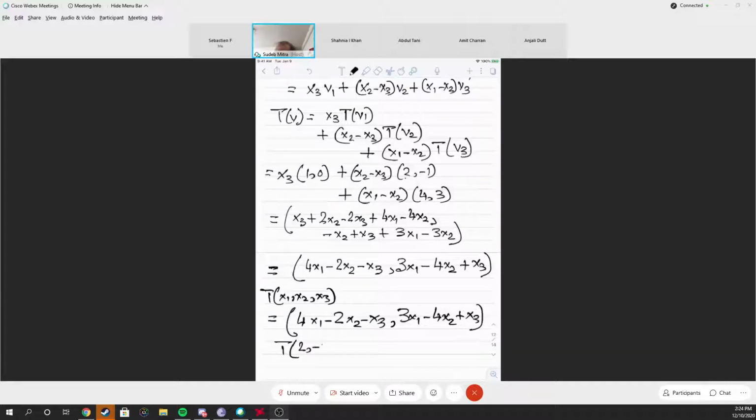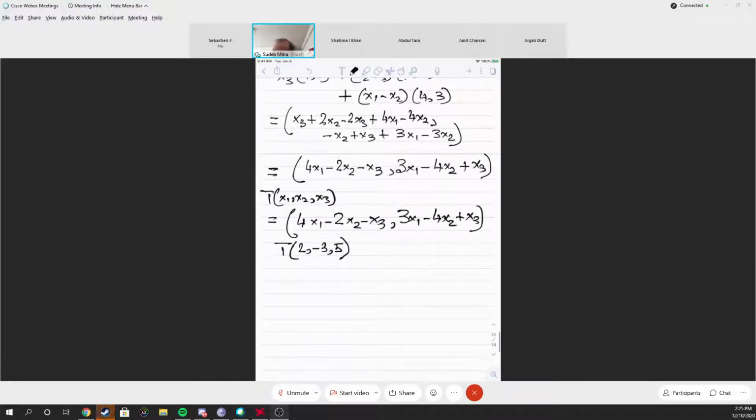So that is absolutely routine. Just plug in the values. So 4 times 2, 8, minus 2 times minus 3 plus 6, minus 5, comma, 3 times 2, 6, plus 12 plus 5. So that is equal to 9, 23. That's it.